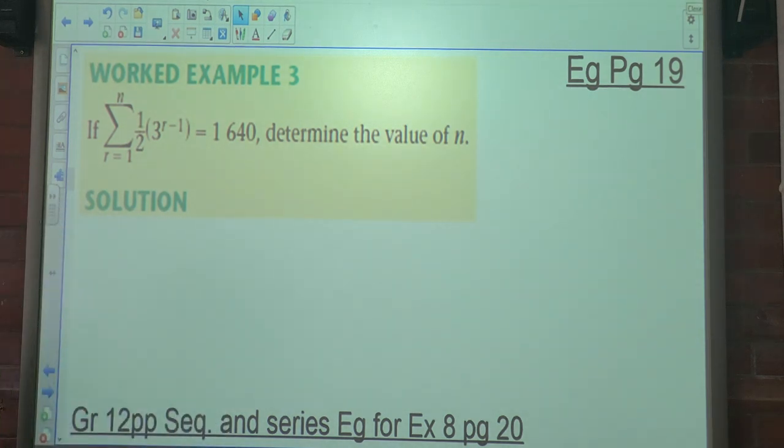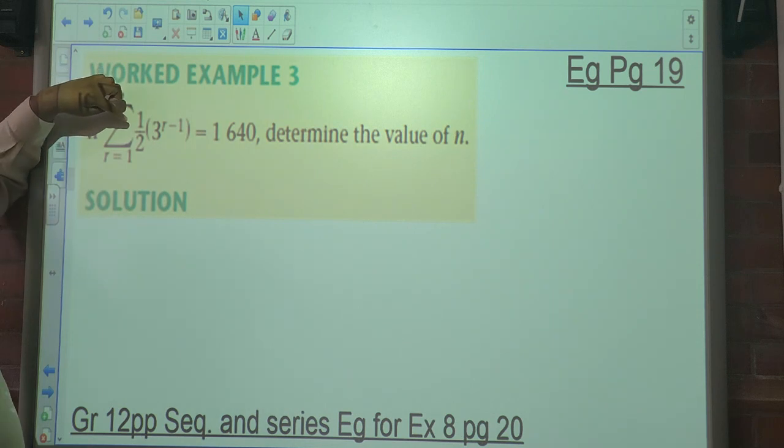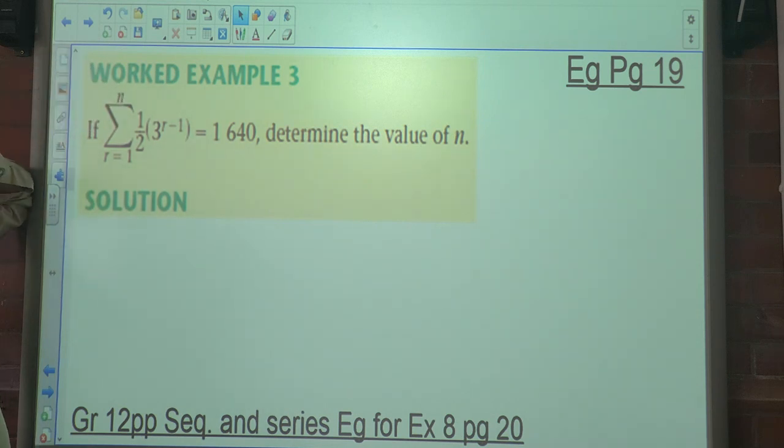If the sum of r equals 1 to n terms of the general term, a half into 3 to the r minus 1, is equal to 1640, determine the value of n. So what am I calculating here? I'm calculating n, which is the number of terms. In other words, we're calculating n here. Okay.